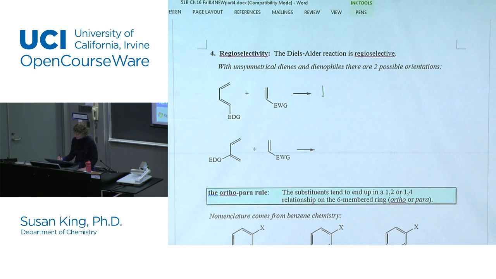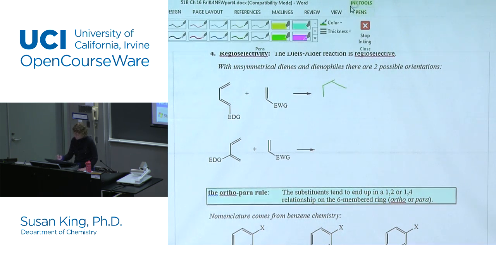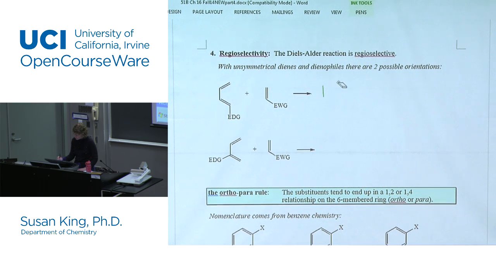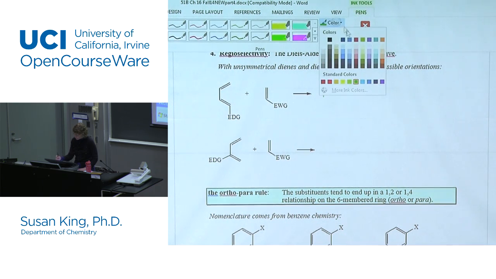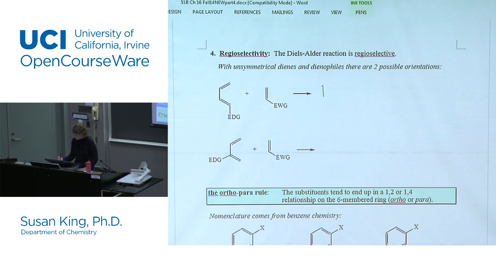I'm not going to show stereochemistry here because I want to focus on regiochemistry. We'll come back and do stereochemistry. If we react like that, looking at the relationship between the electron withdrawing group and the electron donating group, that's what you would get.